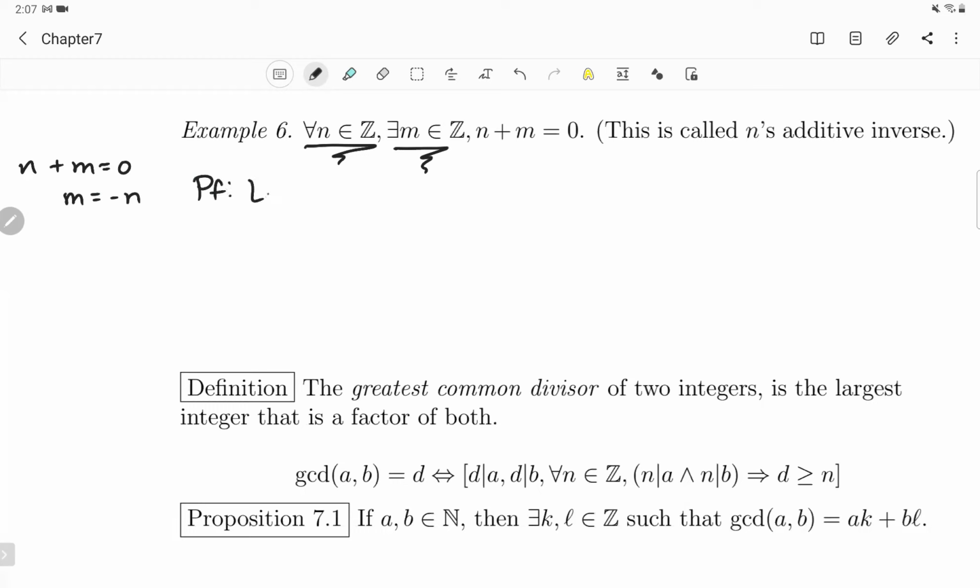Let n be an element of the integers. Consider m equal to negative n. Then I need to show two things. It said there exists something in the integers such that the sum is 0, so I need to show those two things. Why is negative n guaranteed to be an integer?